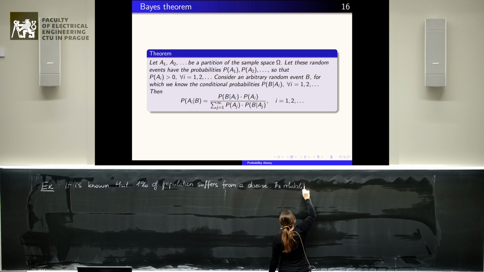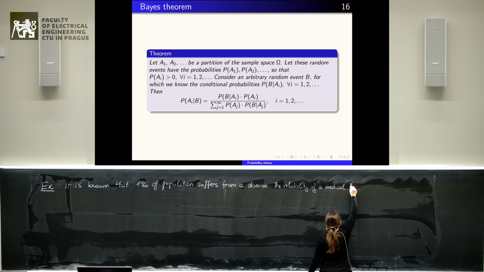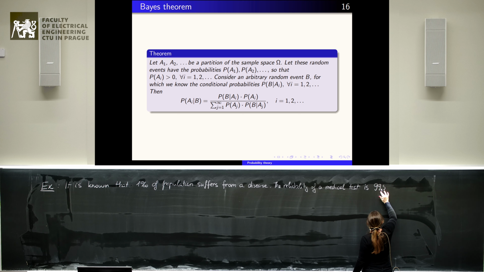The reliability of a medical test is very high, 99.5%.